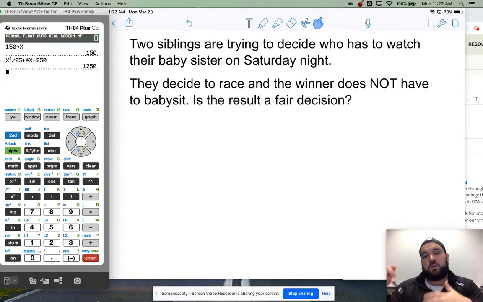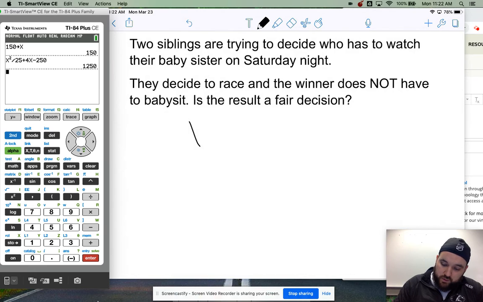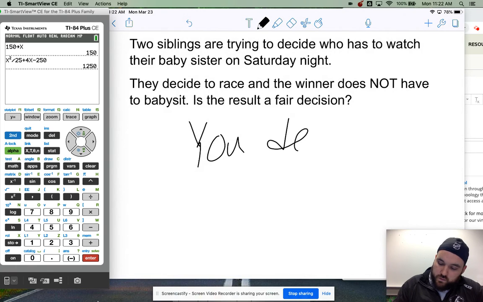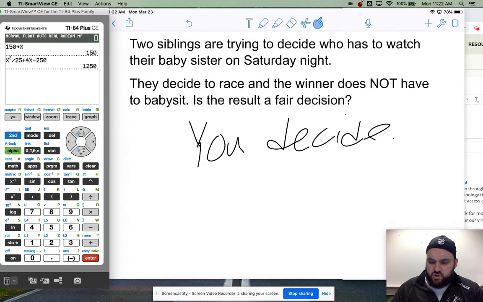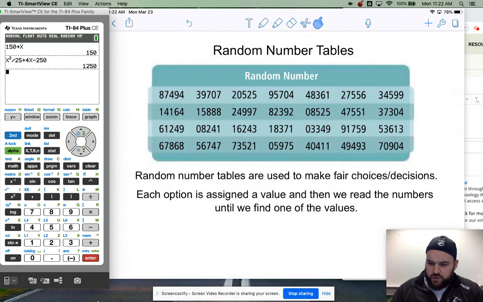So there's an argument that this isn't fair. But I would argue that if both students say, you know what, let's race, then it's fair because it's a 50-50 shot in theory. I'm going to just put, you decide. Again, this is something that we'll maybe have a discussion on the day we go through this.